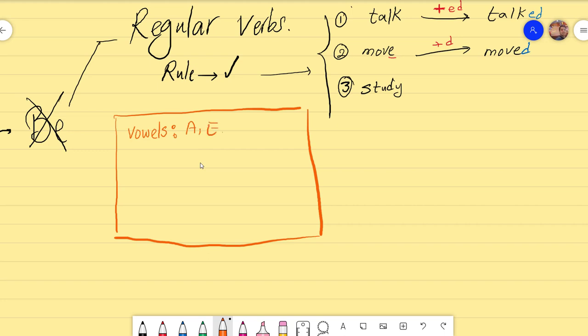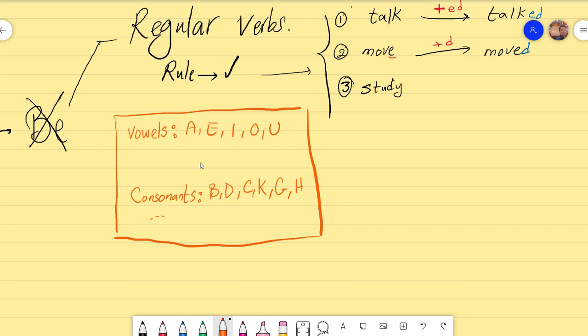A, E, I, O, U. These are vowels. Now another group is consonants. What are the consonants? Every other letter. B, D, C, K, G, H, and it goes on. L, M, P, Q, all of them are consonants.